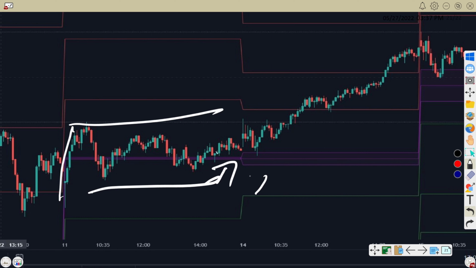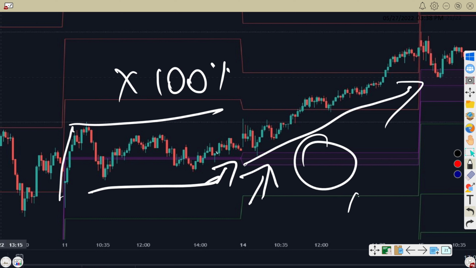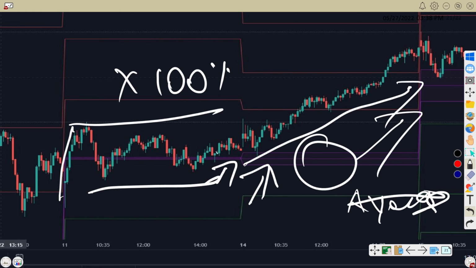Okay, next day we had an outside value, but market ended up at the day's high. So nothing works 100% of the time. So you can see that the market ended up at the day's high, though it was an outside value CPR. Though we had an average CPR, the market ended up at the day's high.